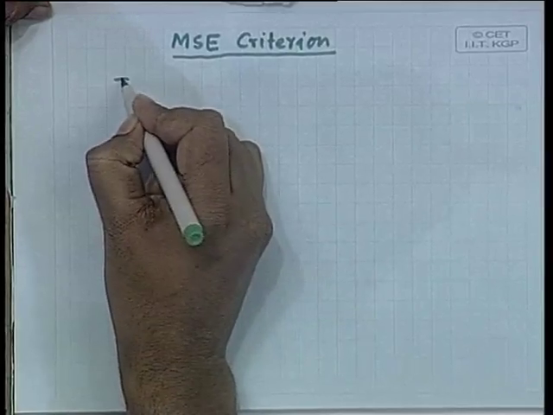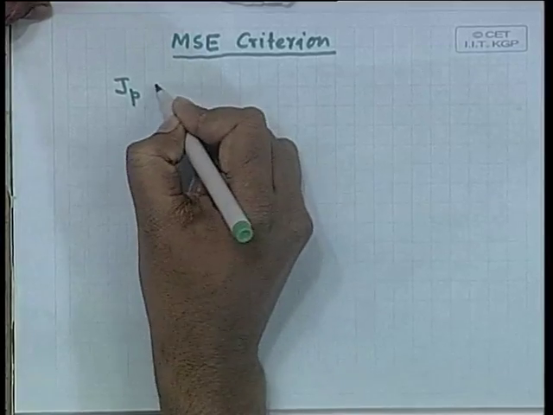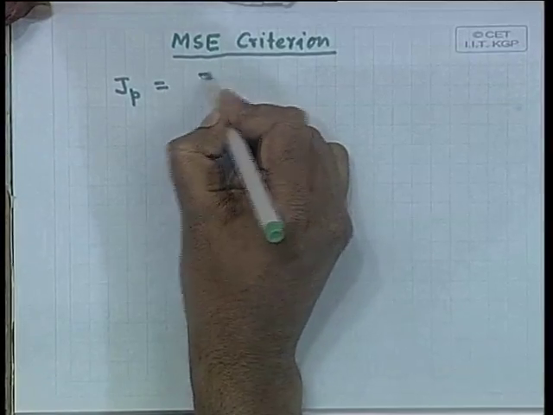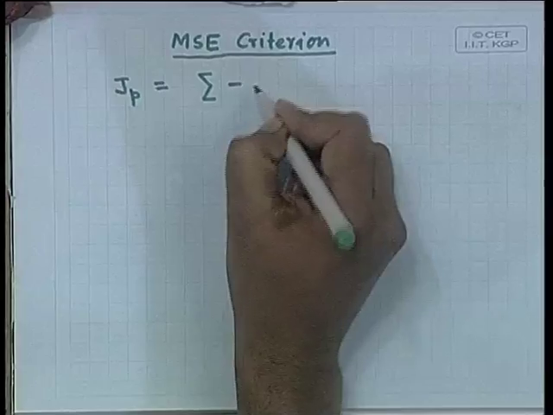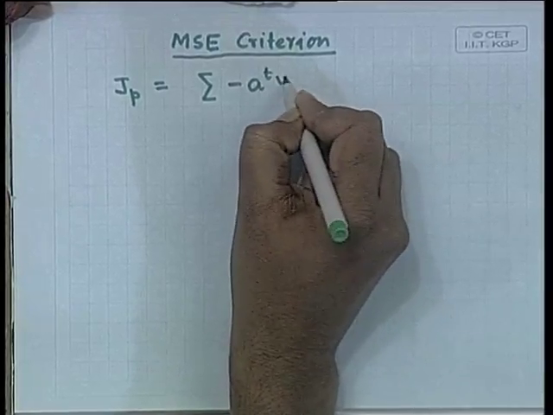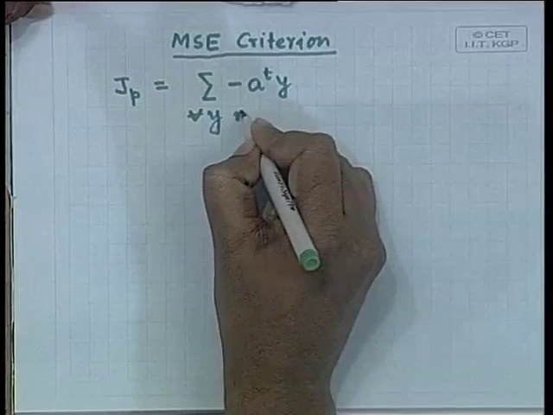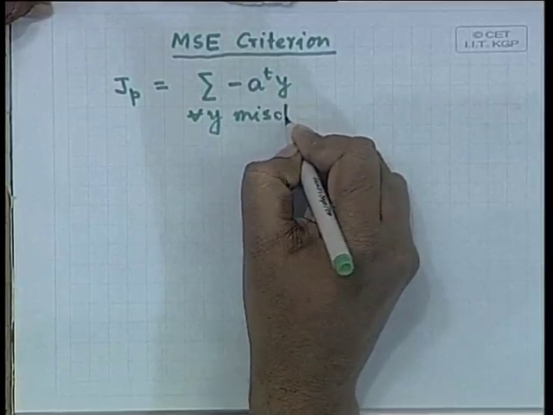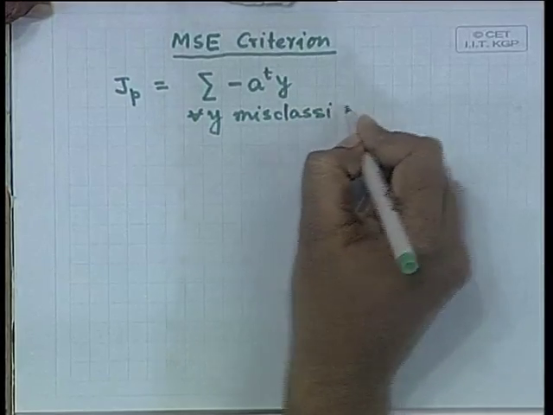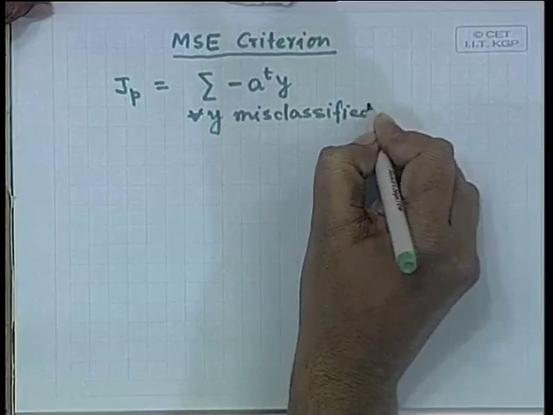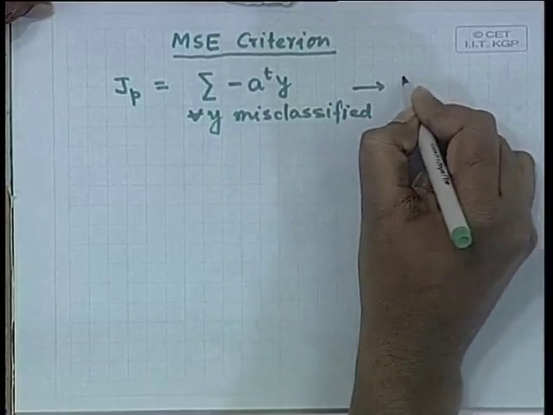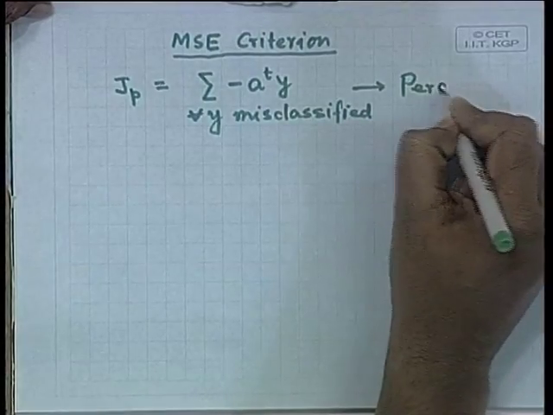So, what I have seen in case of perceptron criteria is that you define a criteria function which is given by J p, which is nothing but minus A transpose y for all y which are misclassified. So, this was the perceptron criteria function.